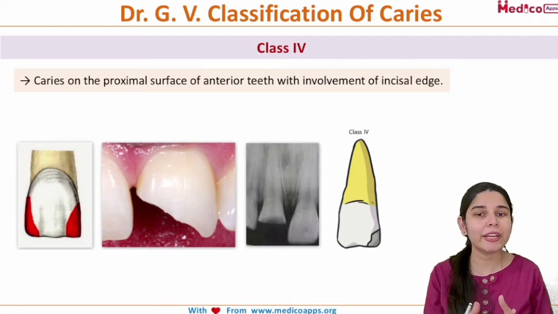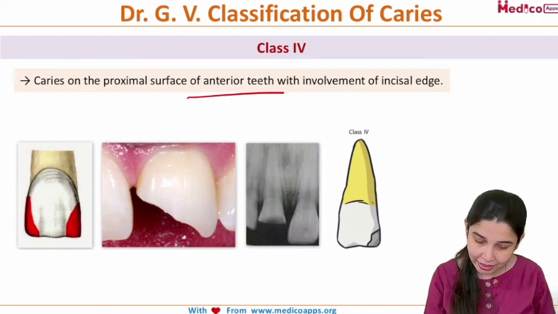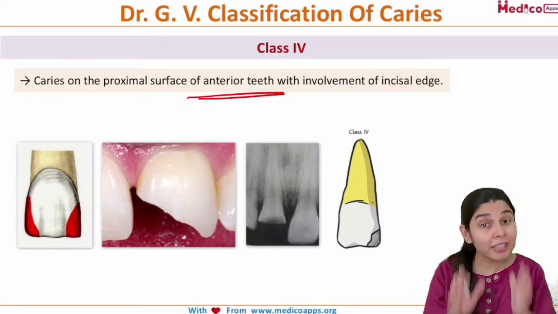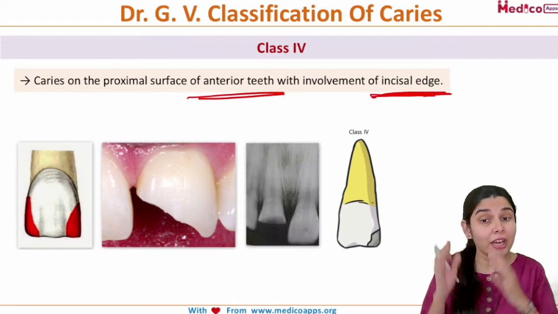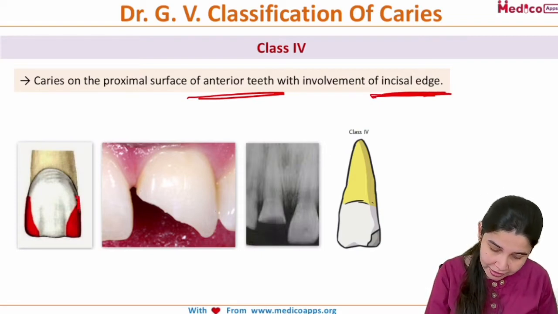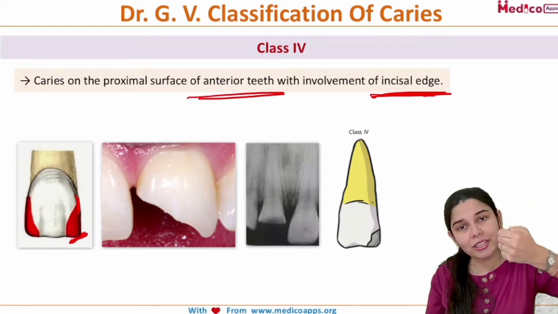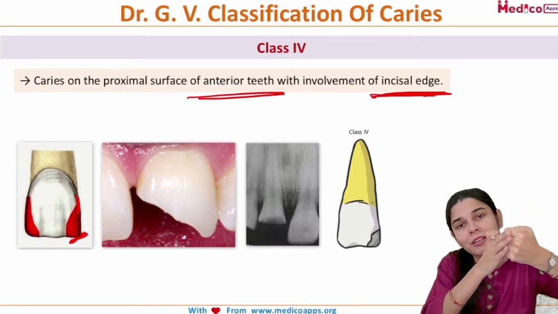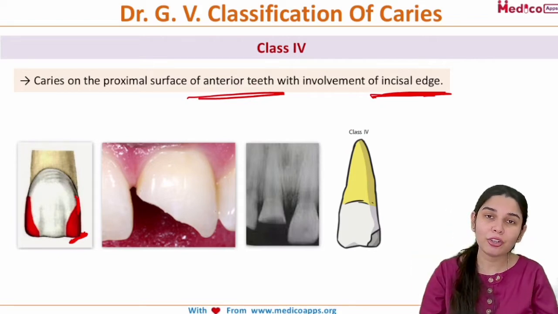You can correlate it with class 3, the proximal surface of the anterior teeth. But here there is an involvement of the incisal edge. Now the proximal surfaces are involved and even the incisal surface is involved, and that is what your class 4 is.